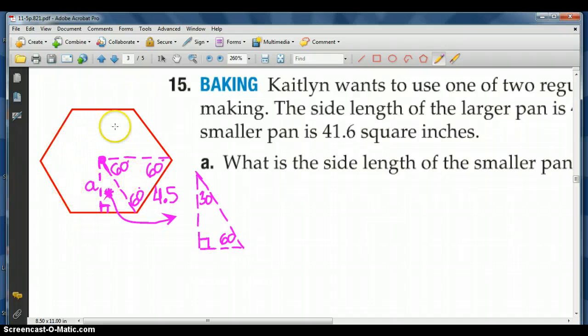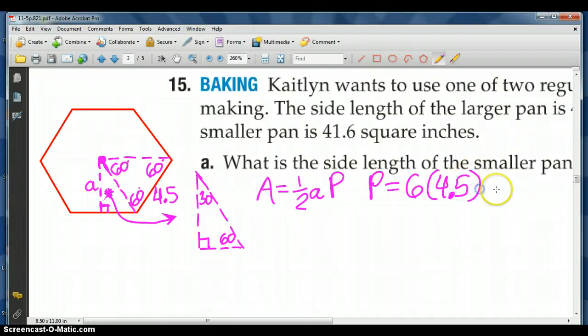So if I want to find the area of my regular hexagon, the formula is 1/2 of the apothem times the perimeter. So the perimeter is really easy to find. That's just the distance around this shape. So the perimeter is equal to 6 sides, each of them 4.5. So 6 times 4.5 is 27.